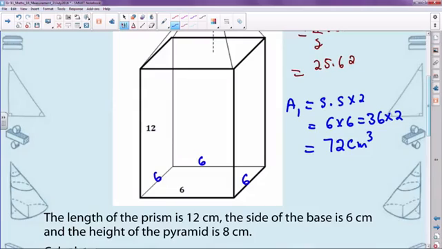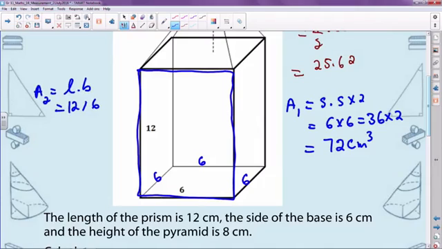With the sides, it's the front. Okay, we're looking at the front, which is in a rectangular format, so we'll say area 2 will be your length times breadth, which is 12 by 6.